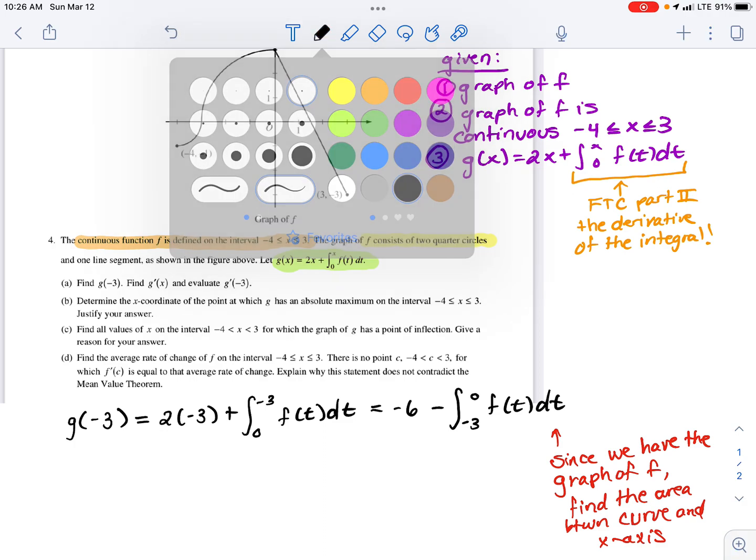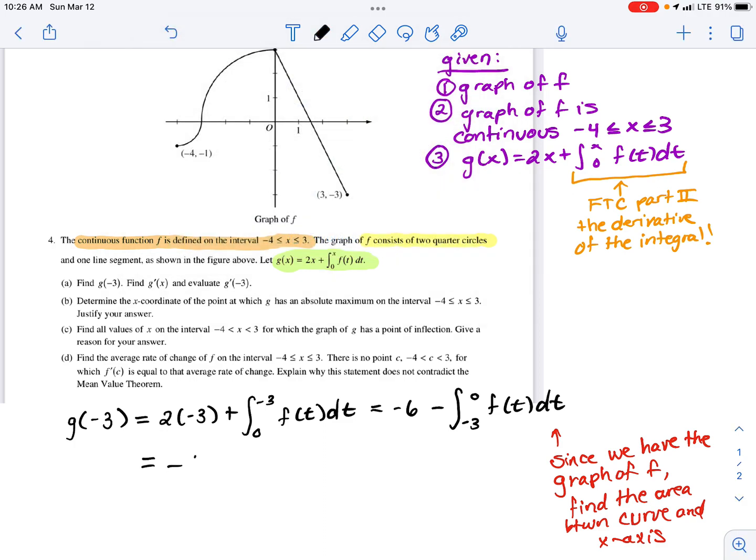So by doing that, I get that this is -6 minus, and now I'm trying to find this area right here shaded from -3 to 0. And that's why it was important that it told us that f consists of two quarter circles, so that when you're looking at this curve, you know exactly what this is. This is a quarter of a circle centered at 0.